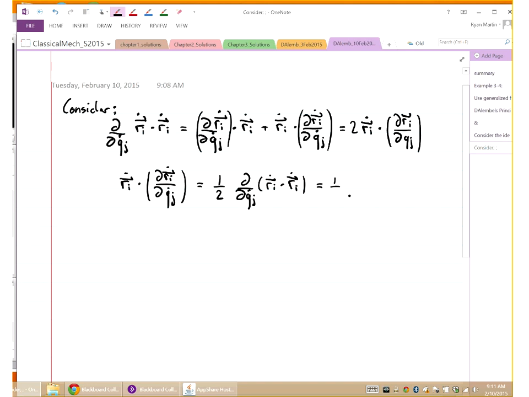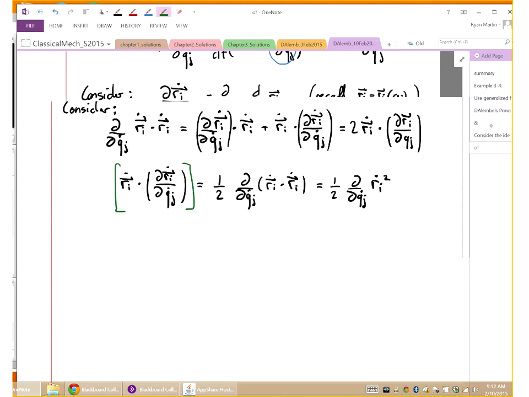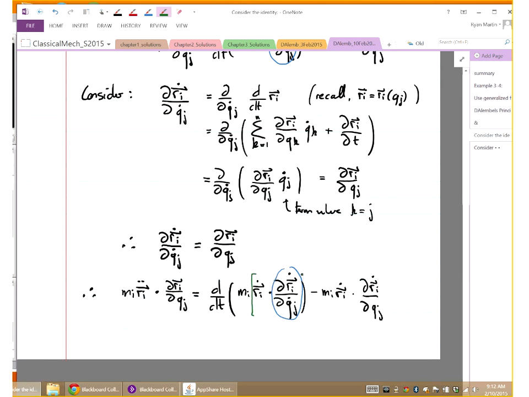Now, a vector dotted with itself is the length squared, so that's a half ∂/∂q̇_j of ṙ_i squared. So this term here appeared over here.